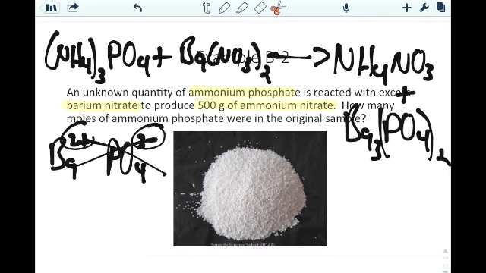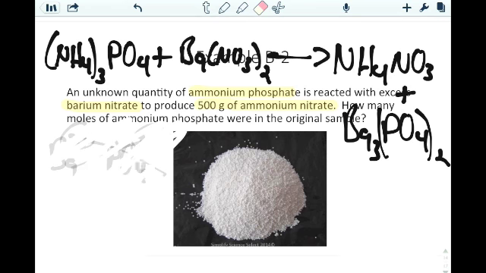Now all we have to do is balance that out. Looking at it, let's start with our metals first. Barium, we have 1 here, 3 there, so we put a 3. Now we have to balance out our ions.